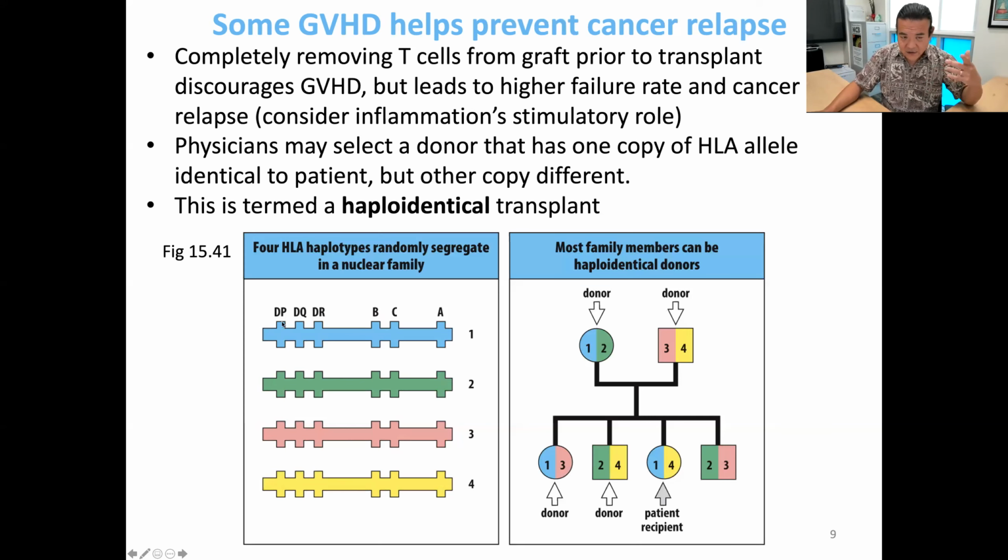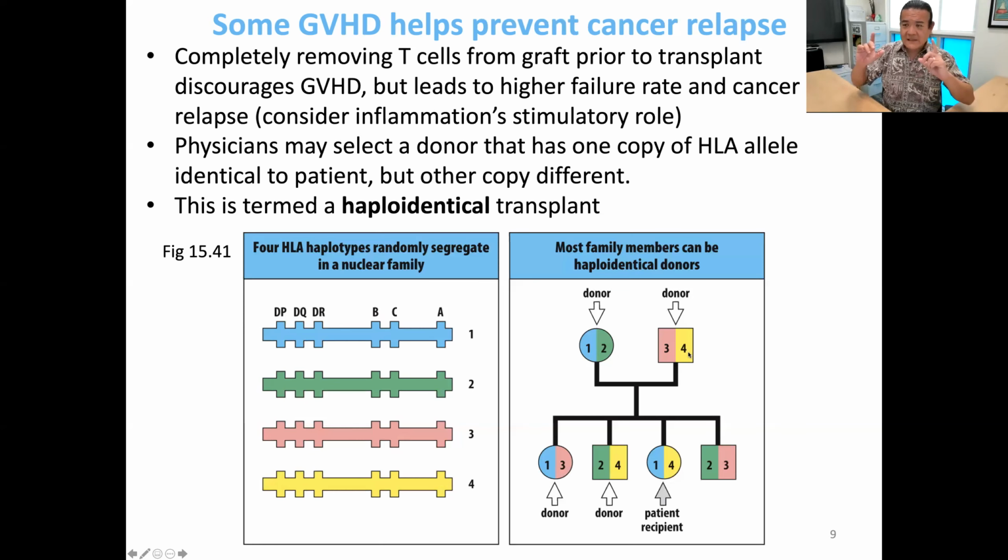And each one of these little blocks here represents a different one of those HLA proteins, A, B, C, and the different HLA-D ones that make up MHC1 and MHC2. So if they go ahead and have kids, so here they are over here in the context of their family. Here's mom, right? She carries haplotype 1 and 2. Dad carries haplotype 3 and 4.